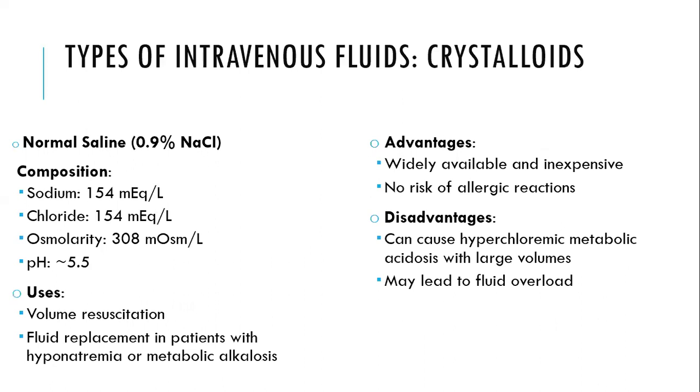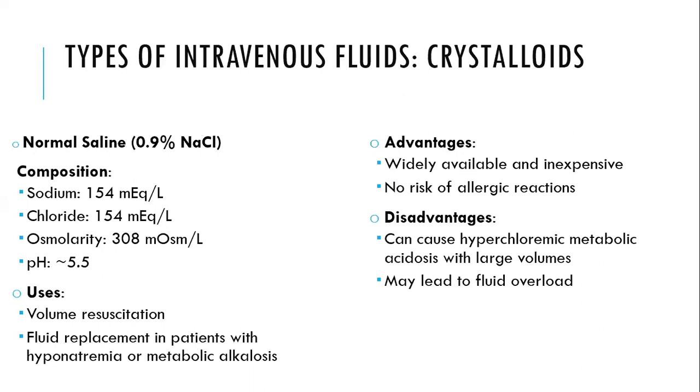Just to remind us, there are generally two types of fluids, crystalloids and colloids. The common crystalloids we use in the ICU include your normal saline, though it has been questioned. There is nothing normal about normal saline. Those days we used to say normal saline because it constitutes ions almost equal to that of plasma, but know that the pH is more acidic.